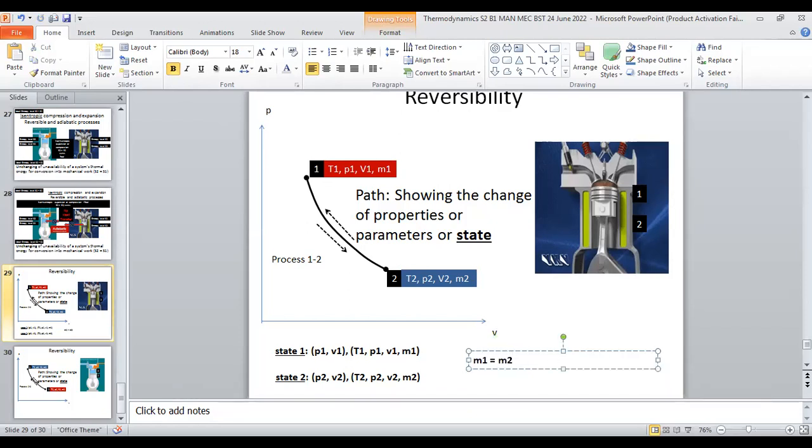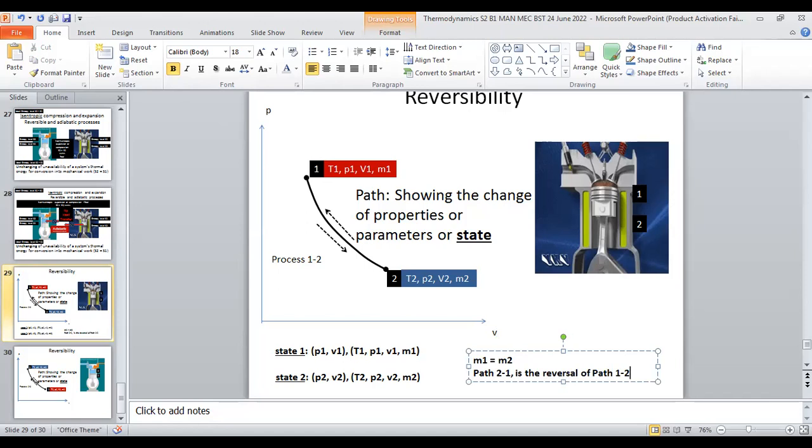And the other is path 2 to 1 is the reversal of path 1 to 2.